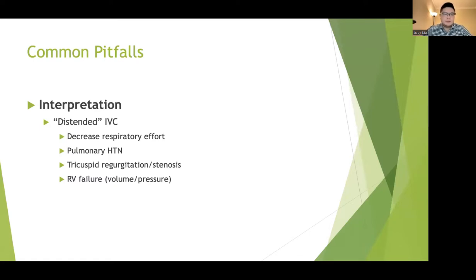So pulmonary hypertension, so you have increased right-sided pressures, tricuspid regurgitation or stenosis, or even RV failure would feed all that pressure back to the right atrium and cause the IVC to be distended. And obviously, if the patient doesn't have great respiratory effort, where their IVC is minimally varying during respirations, that would cause the IVC to be smaller. So kind of on the other side of what we just talked about.